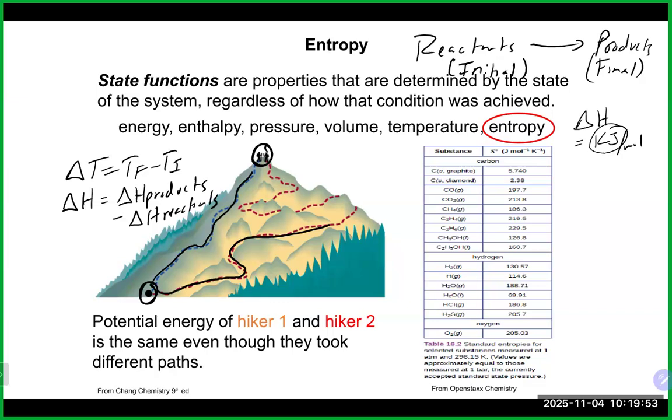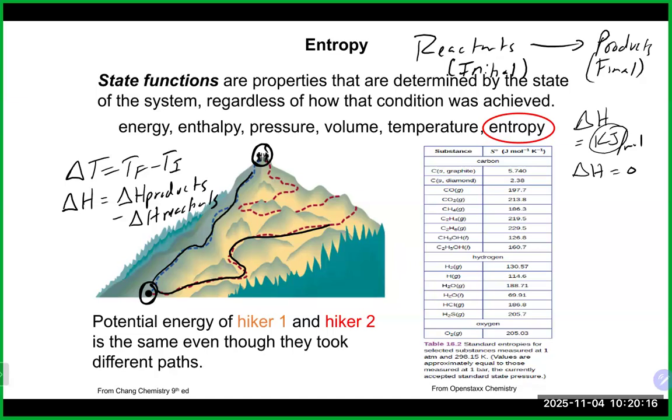So if it's a solid, a liquid, an aqueous, you want to make sure you get it in the correct state. One of the things that you may also remember is delta H values are pretty much zero for anything that is in its standard state, uncombined by itself. So things like H2, O2, the way they naturally come, those typically have values of zero when you go to that table.